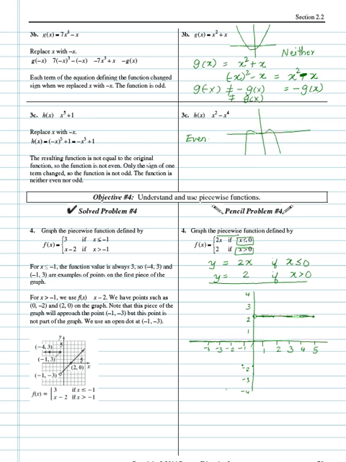So this is going to be the graph of the line y is equal to 2x. In this case, the question is whether it is an open circle or a closed circle. Look at this one. It's greater than or equal to 0, so when x is 0, this is a closed circle. For this one, it's just greater than, not greater than or equal to, so it's going to be an open circle.